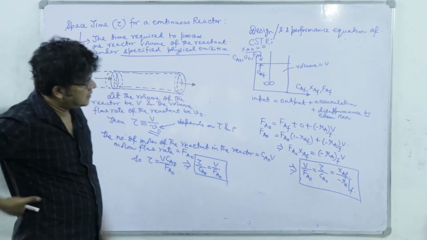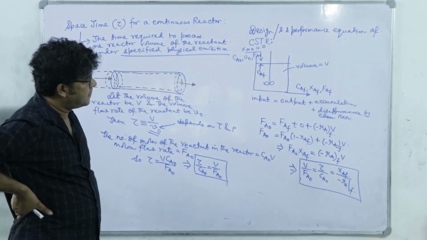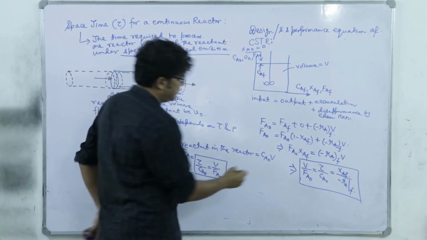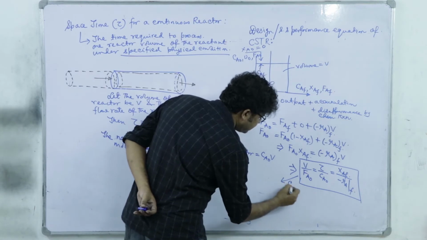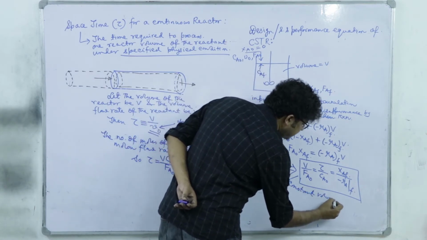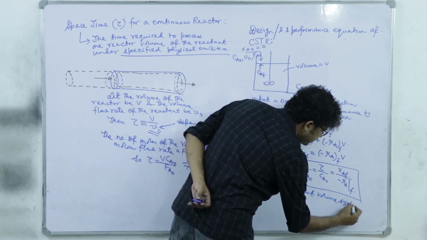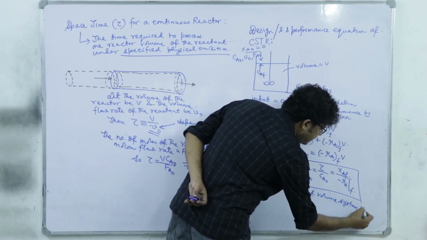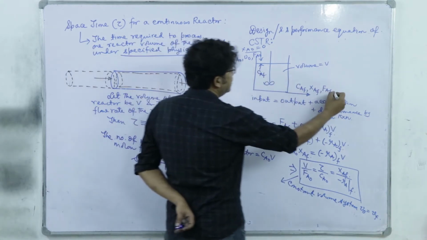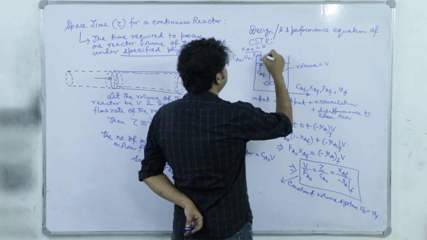So, that is the design equation of CSTR. Now, for a constant volume system, V naught equal to Vf. Here the volume flow rate is Vf, here the volume flow rate is V naught.